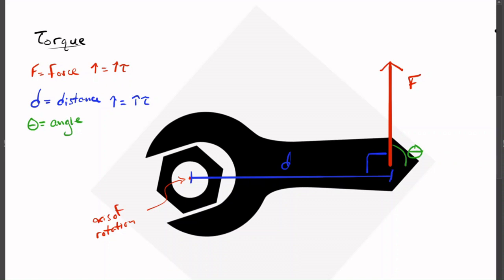If we change this angle, it's really going to change things. Let's do the extreme, let's say this way. Well then, that's not going to be any rotation at all. That's just going to be forcing the wrench onto the hex nut. If I push it this way, if I apply the force in the opposite direction, that extreme's no good either. That's not going to cause a rotation, that's just going to move the wrench. And everywhere in between is some portion of that.